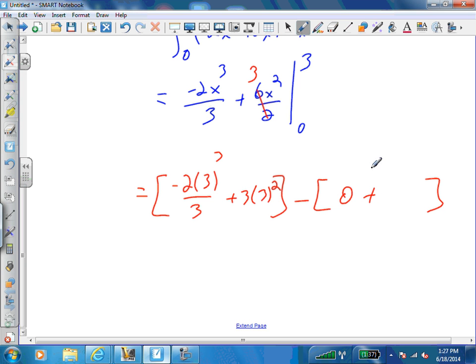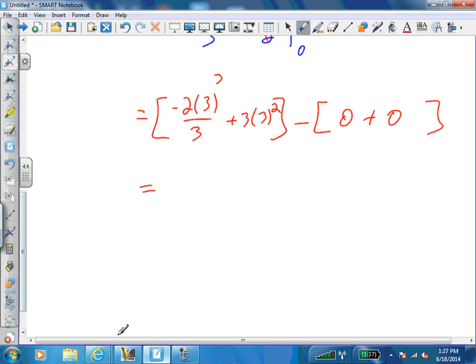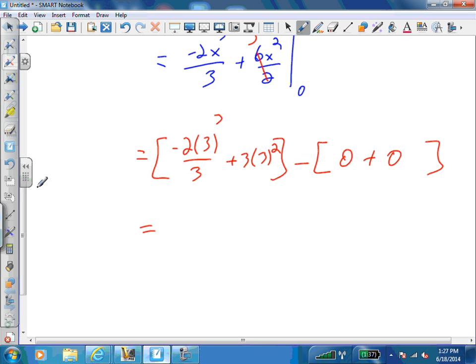And for this term? 0. Be careful. Sometimes when you substitute a 0 in, you don't get a result of 0. Sometimes you do, but you don't always just assume that if I plug a 0 in, I'm going to get zeros. It depends on what your integral is.